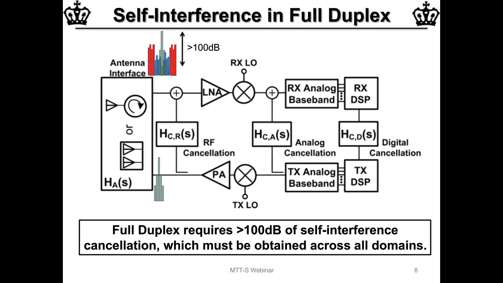And the non-reciprocal circulator is an important piece of this, as it allows the transmitter and the receiver to interface with a shared antenna while offering isolation between the transmitter and the receiver. Part of this 100 dB of self-interference suppression, or isolation, can be obtained from a component known as a circulator, which is a non-reciprocal component.